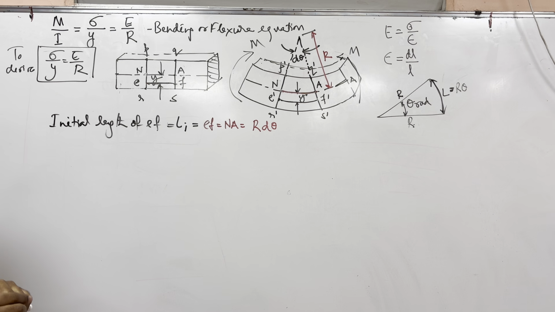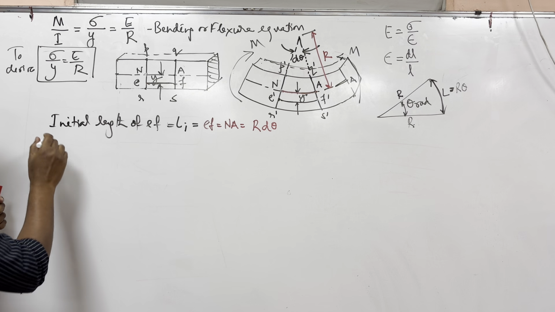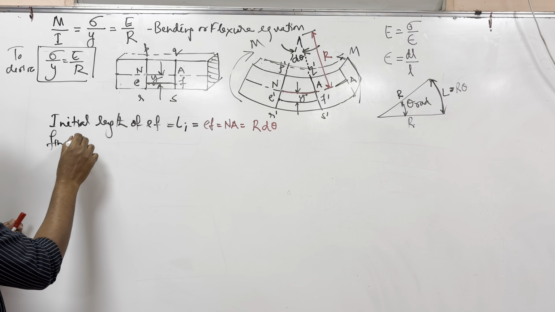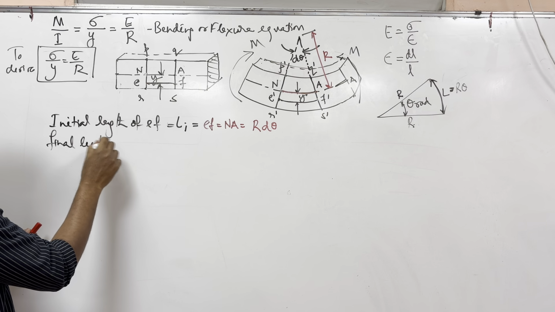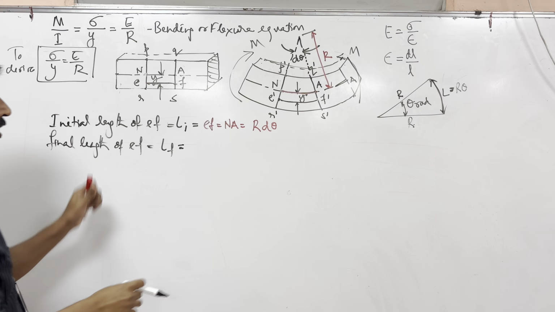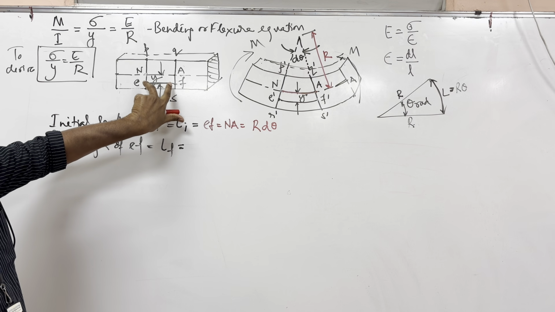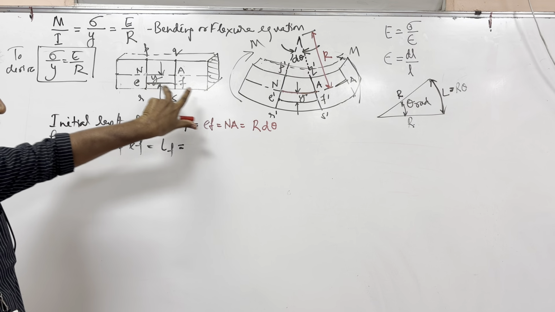Then final length of EF, so I'll call it as Lf. Okay, is it the initial length or the final length? It is the initial length. Final length is this. Now up to here it was R. From here to here, what is this?